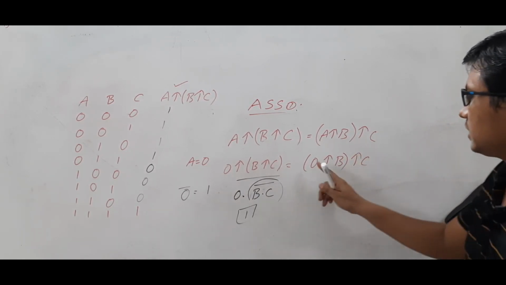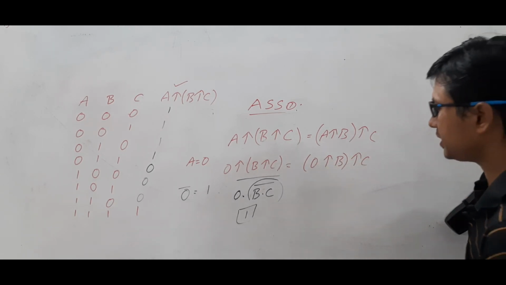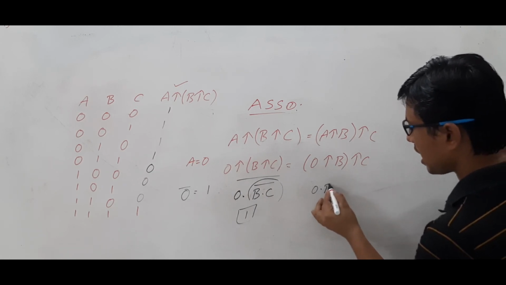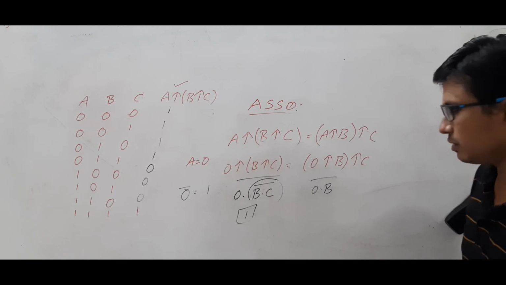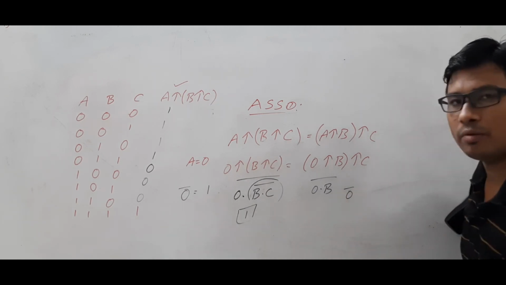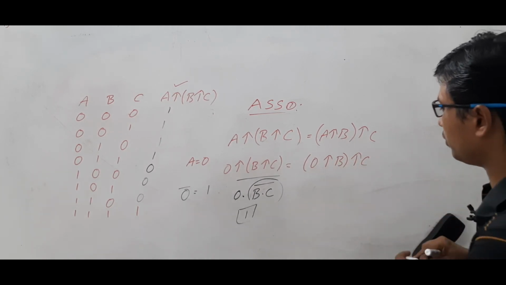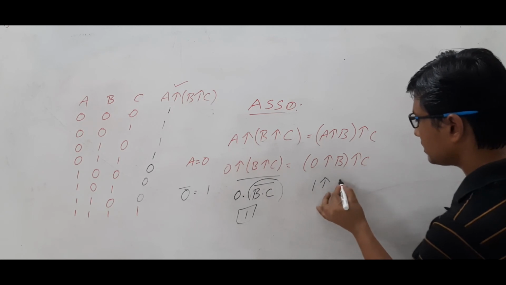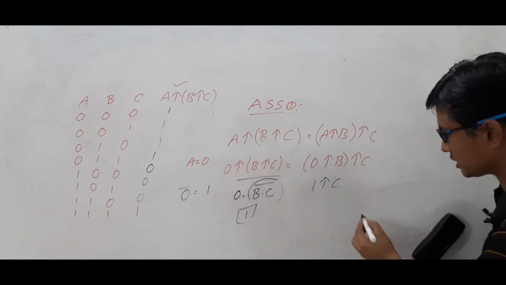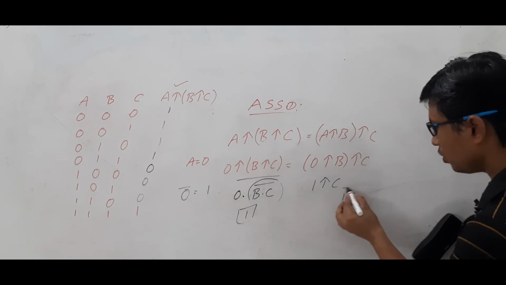Now you see that 0 Nand B is there. 0 Nand B is nothing but 0 and B whole complement. What is it? 0 and B is equal to 0, whole complement is 1. Will you agree with me or not? So here I got 1, Nand C is there. Again, if you want to simplify this further, it is equal to 1 and C whole complement.